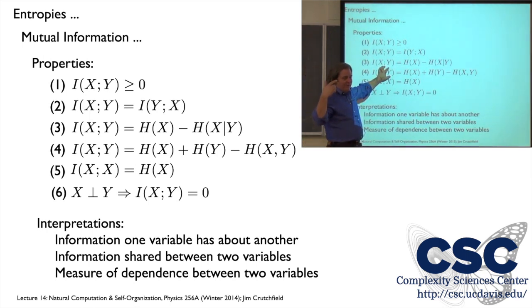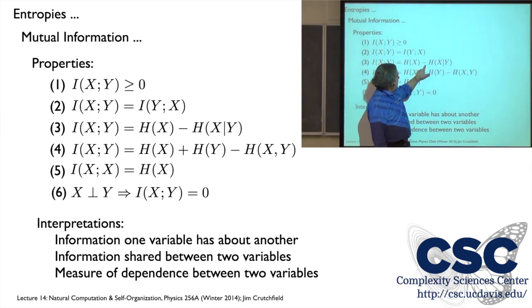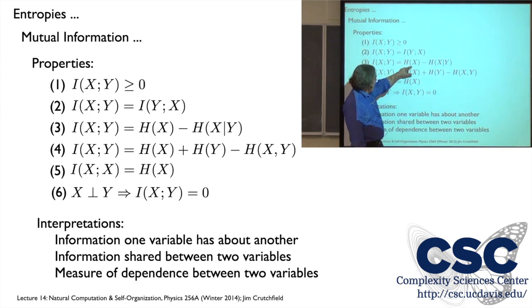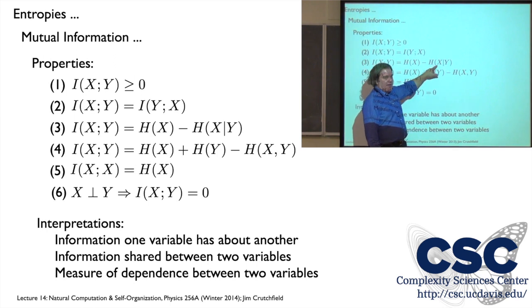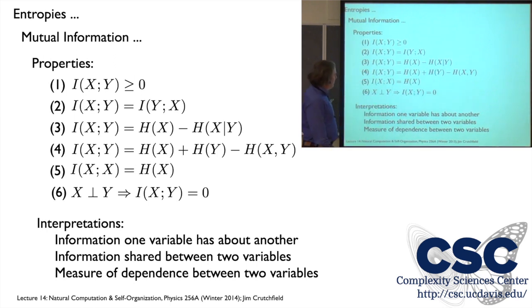Appealing to our knowledge of how to factor the joint distribution in that definition into a product of a conditional and a marginal and so on, you get different identities. Here are a couple of them. The mutual information between x and y is the uncertainty in x minus the uncertainty in x given y. There's a certain amount of information in x, except some of that is explained by y, and what's left over is what's shared between them.